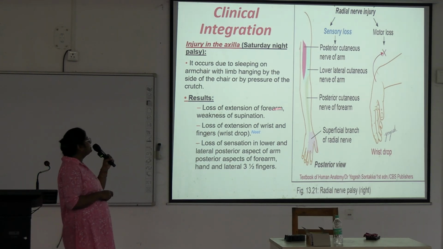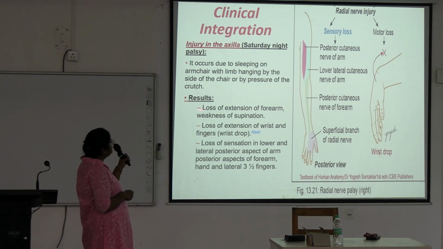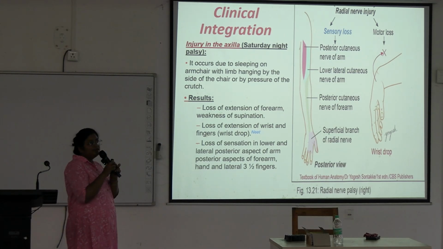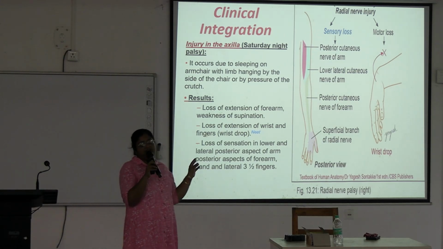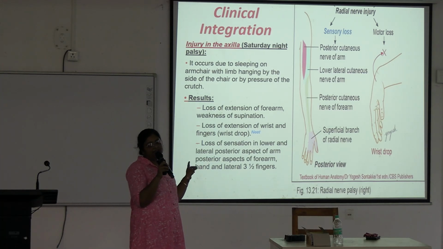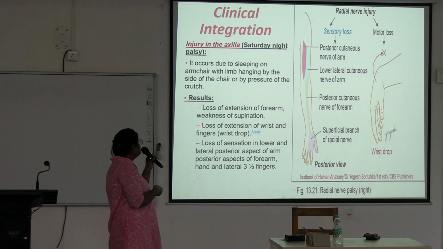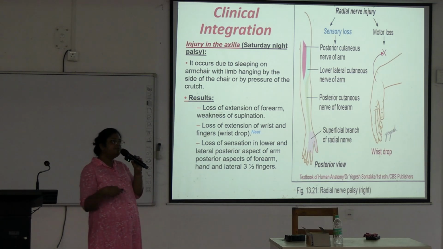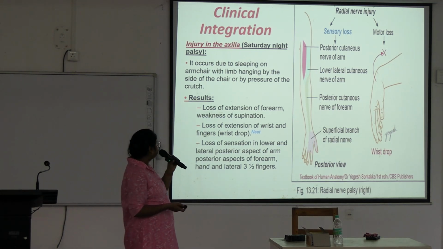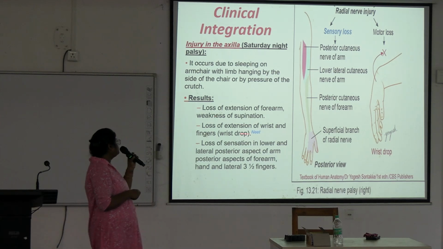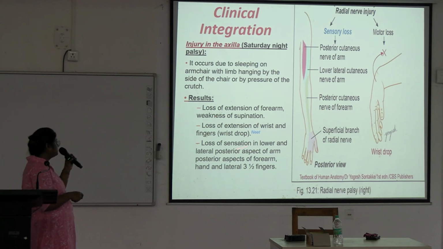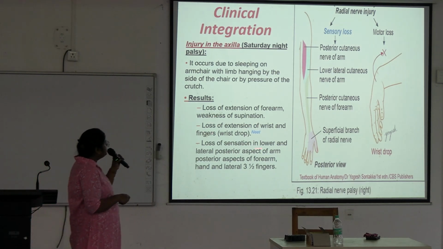It leads to loss of extension of the forearm and weakness of supination. Due to involvement of triceps, which is supplied by the radial nerve, there is loss of extension of the forearm, and weakness of supination because of involvement of brachialis. And there is loss of extension of the wrist and fingers. This will lead to wrist drop.